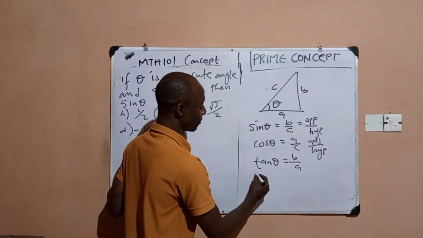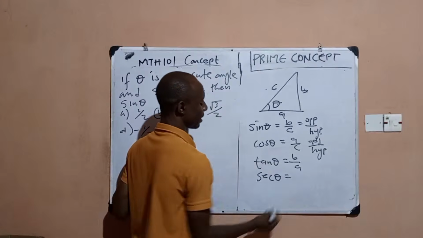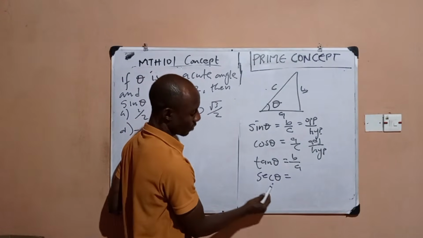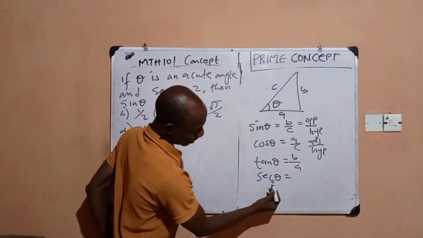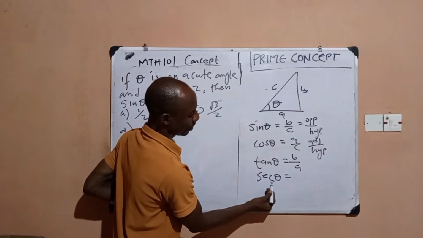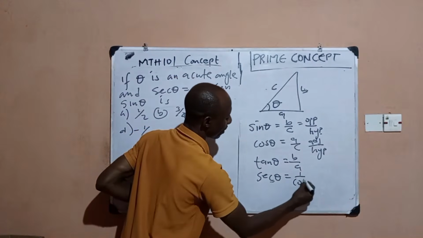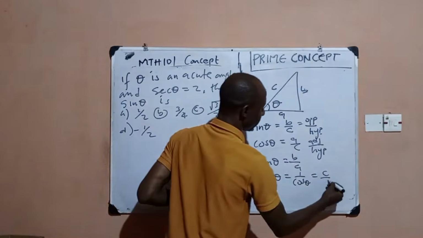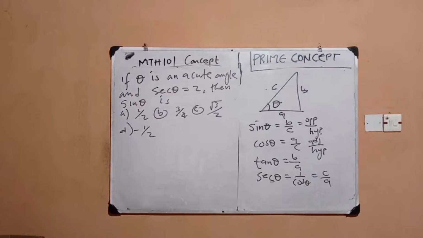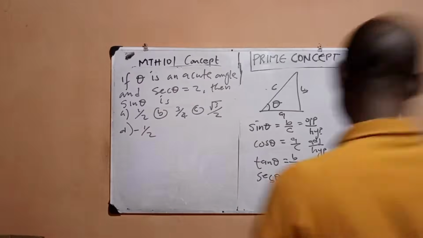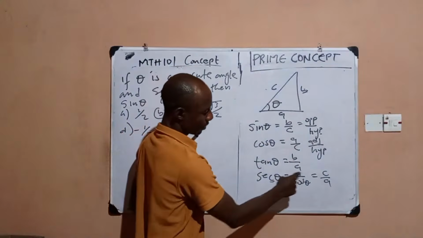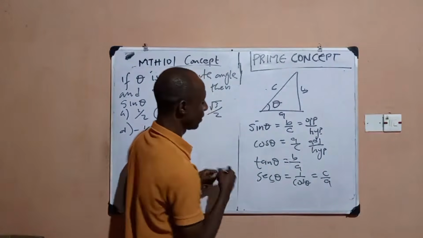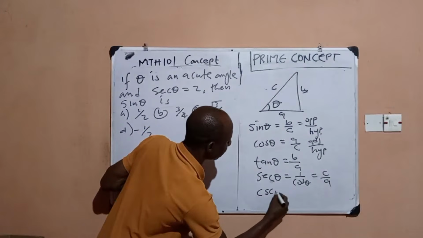You also have sec theta. Sec is the inverse of cos. Use this C to remember. Sec is 1 over cos theta, which is C over A. You have cosec.